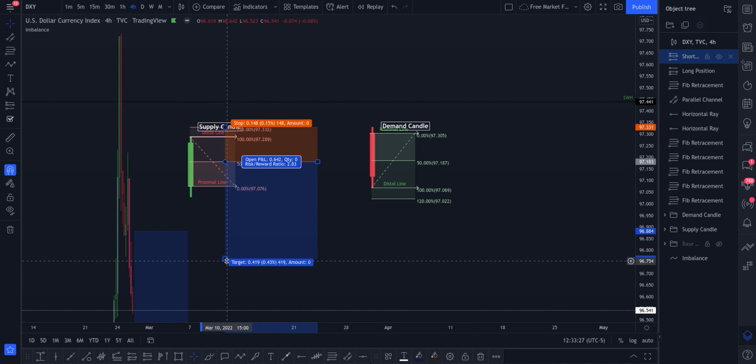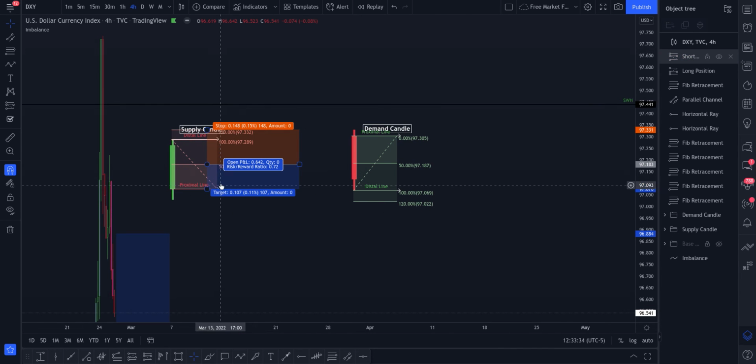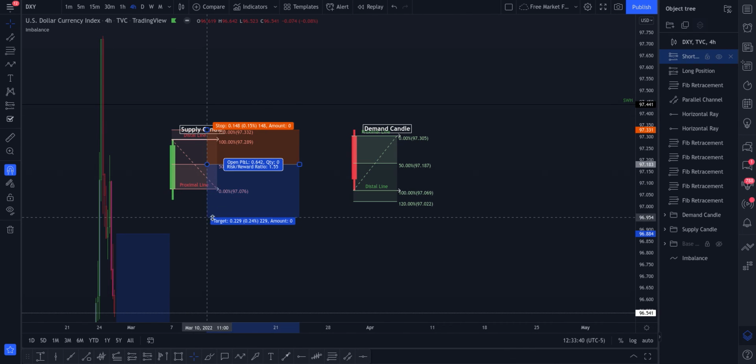TP1 is typically at the 0 mark. So that's how I'm looking to take my trades. Again, we target Forex, or we target imbalance, or we target lows for these supply areas.